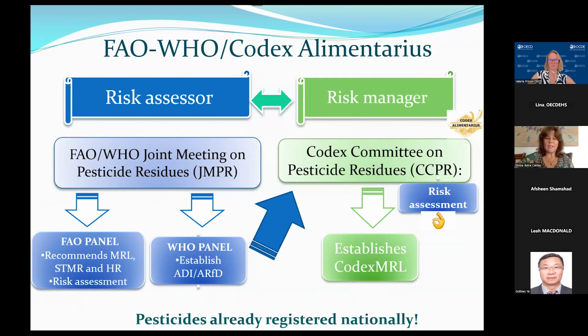As risk assessors, we have two panels: the FAO panel, which recommends MRLs, STMR, and HR. It conducts the risk assessment together with the WHO, and the WHO is responsible for establishing the ADI and the acute reference dose. Of course, both panels are supposed to work together.